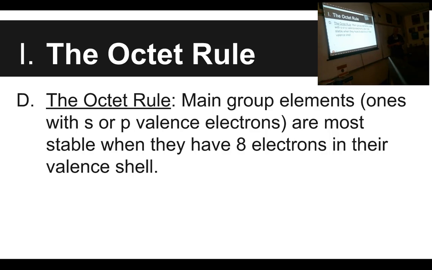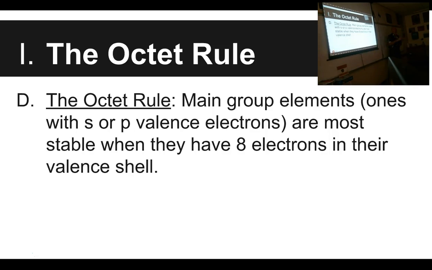The main idea that governs this is called the Octet Rule. For the huge majority of atoms that we're going to deal with in this class in chemistry, atoms seek 8 electrons in their outermost shell. Okay?